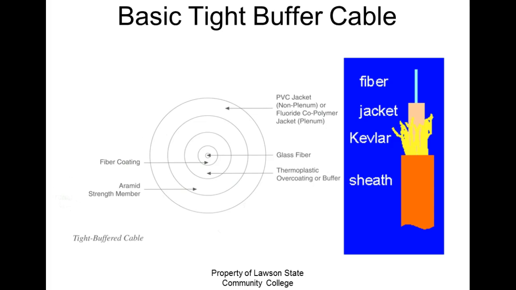Then we have the aramid, which is the Kevlar, and then we have the outside buffer, or the tight buffer. Let me get these terms straight myself. Okay, so this is what our cables are made of. Are you okay?